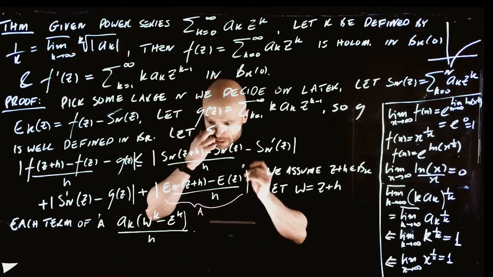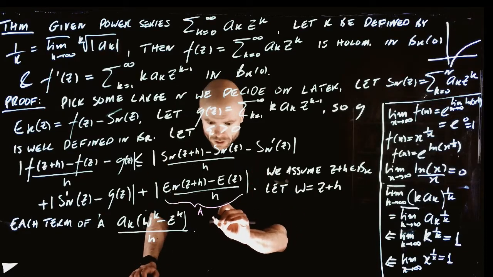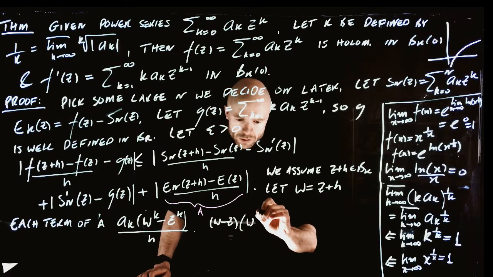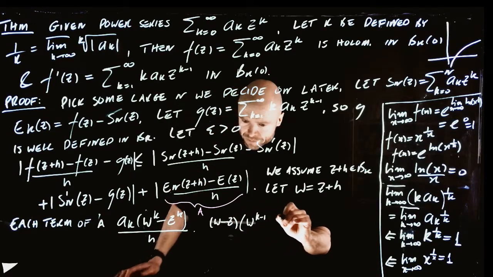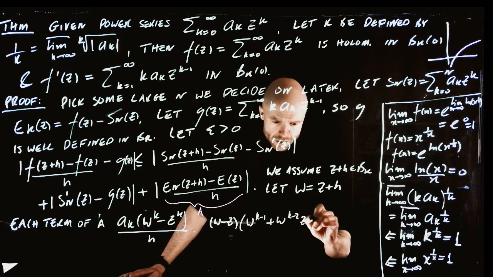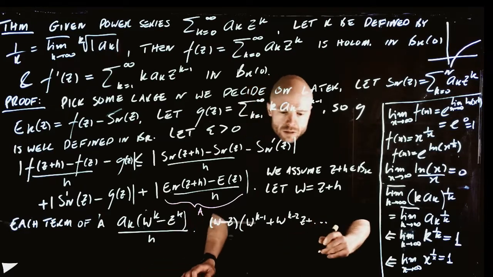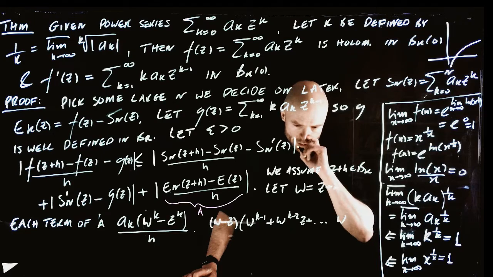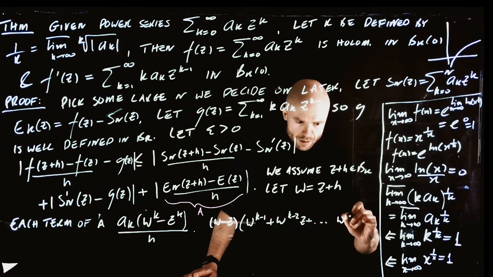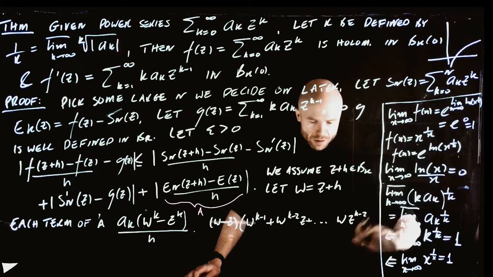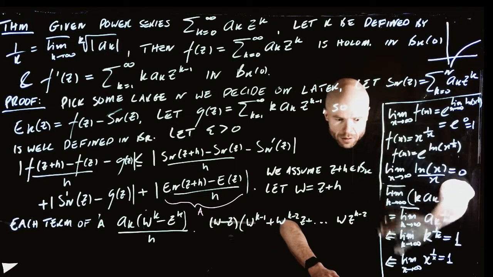Here's an algebraic identity that I'm sure you've seen. If we take w minus z times w to the k minus 1, plus w to the k minus 2 times z, and so on, down to w to the 1 times z to the k minus 2, and then the final term is z to the k minus 1.